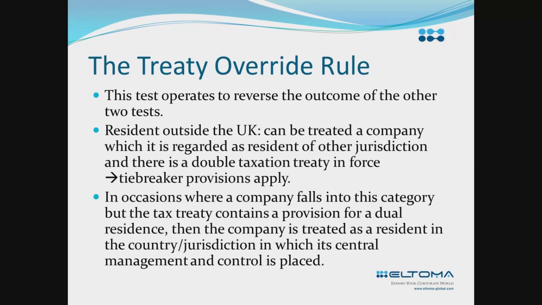On occasions where a company falls into this category, but the tax treaty contains a provision for a dual residence, that a company can have two places of residence, then the company is treated as a resident in the jurisdiction in which the central management and control is placed, as analyzed in our previous point.